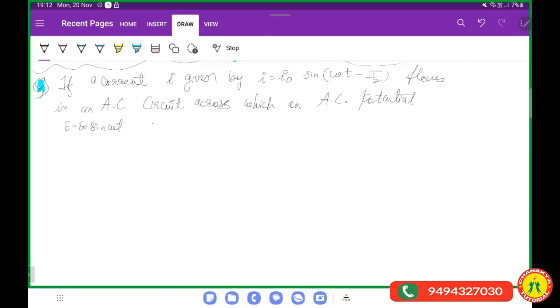I think this is a similar question, no? So even the same manner, same question. It is a similar question. You can solve that way. Same answer you will get.